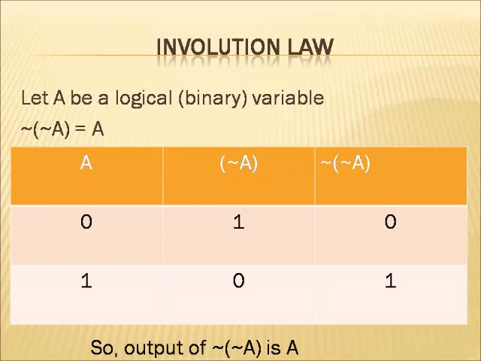In the last column we are finding the complement of a again. You can see that the complement of complement of a has values 0 and 1, which is equal to the values of a. So we can say complement of complement of a is equal to a. I hope you understand that.